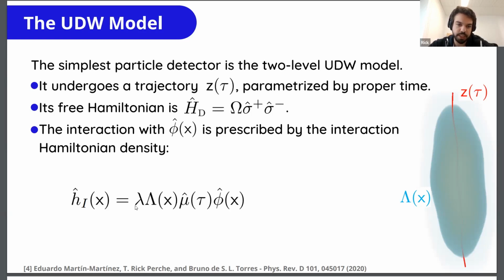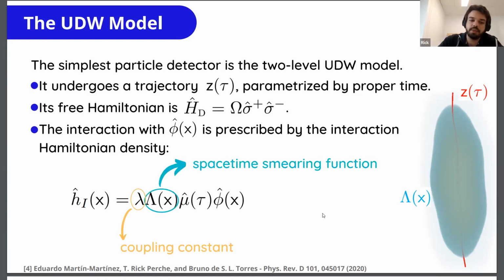One of them is the quantum field. The first element here is the coupling constant. It's simply a real scalar that's usually assumed to be small so that we can do a perturbative analysis. The second one is the spacetime smearing function, which localizes the interaction region in both space and time. So it gives the shape of the detector, and at the same time, it also tells us for how long the interaction happens.